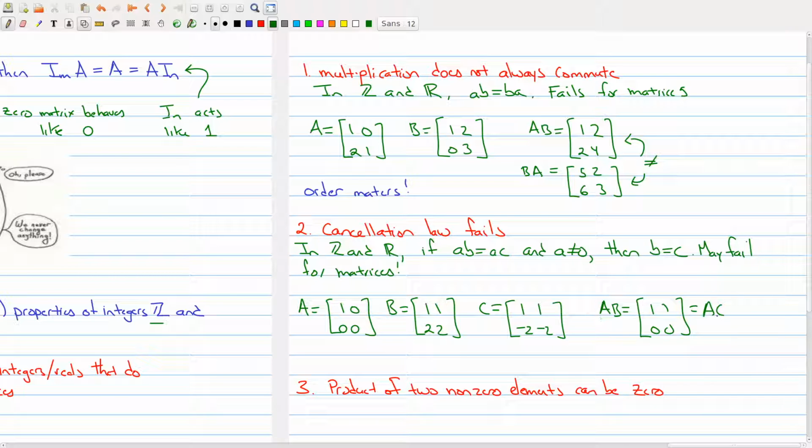So I have AB is equal to AC, but B does not equal C, and A does not equal 0. So I can't just, because A times B is equal to A times C, cancel off the A to say that B is equal to C, which is something that you're used to using with the cancellation law in the integers and the real numbers.